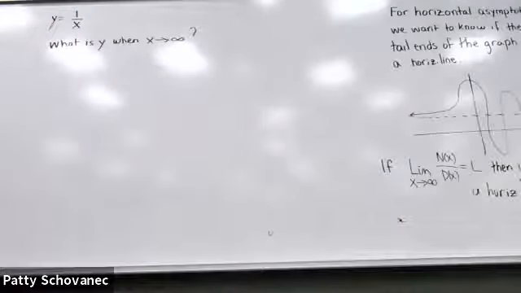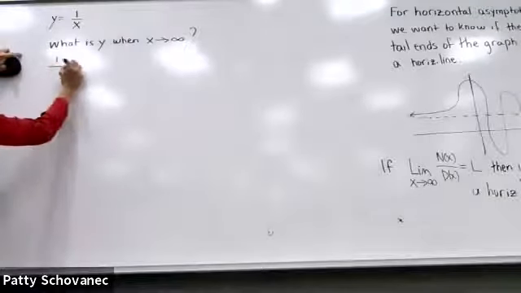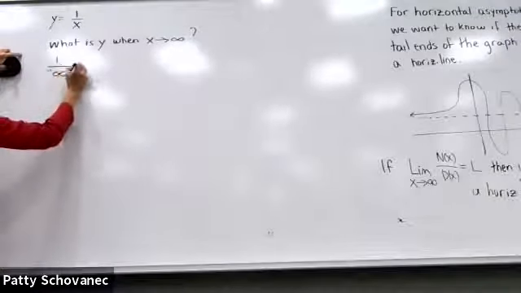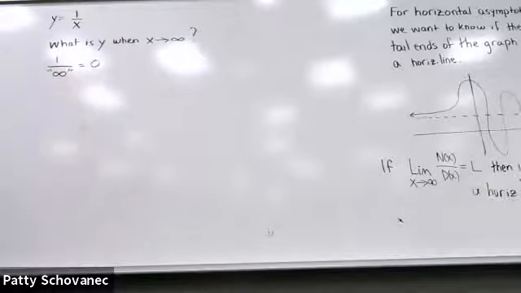Maybe you've got $1 and you want to share it with 1 million friends. How much do they all get? Essentially nothing, right? And say 1 over infinity is going to be considered to be 0, at least the limit anyway. If we can agree to that, then we can figure out horizontal asymptotes.